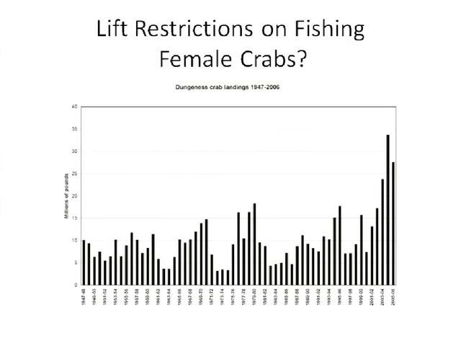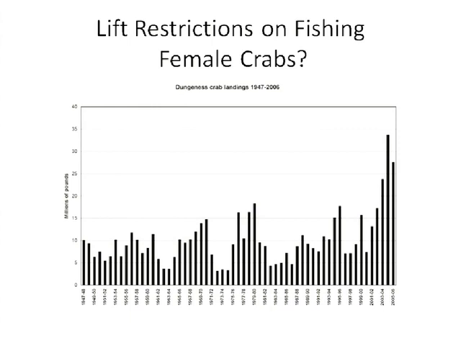As an example, from 1947 all the way to 2006, these are the millions of pounds of crabs caught over the years along our coastline. They thought about possibly lifting the restrictions so that you could fish both male crabs and female crabs, and whether that would affect the population or not.